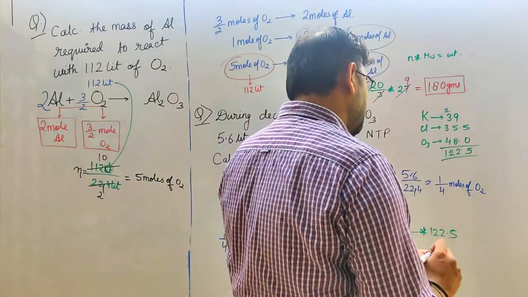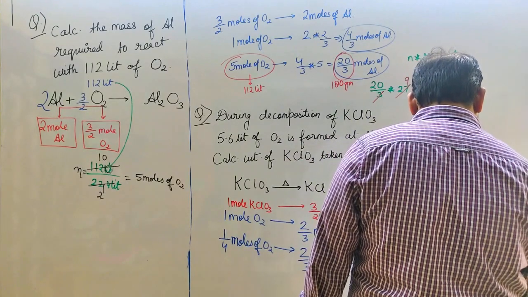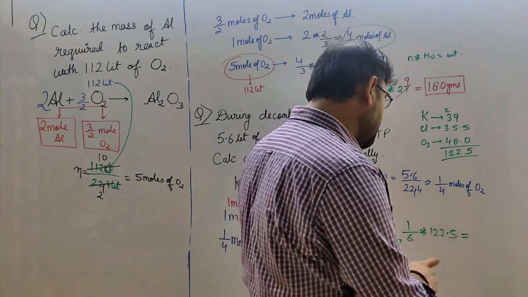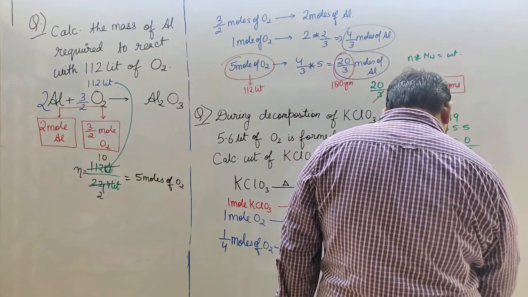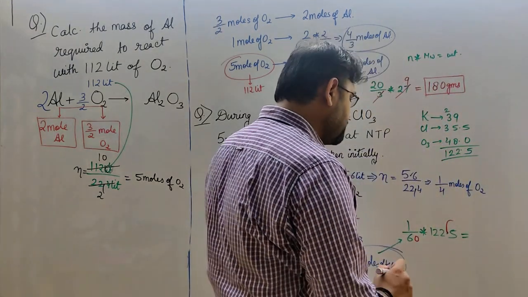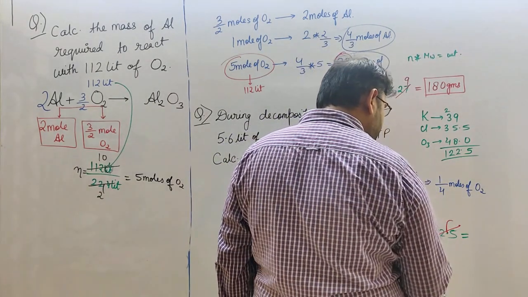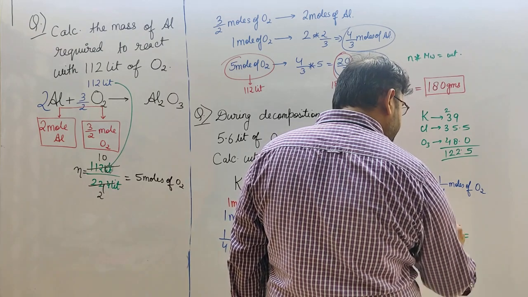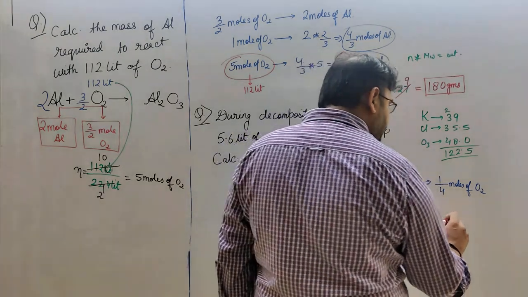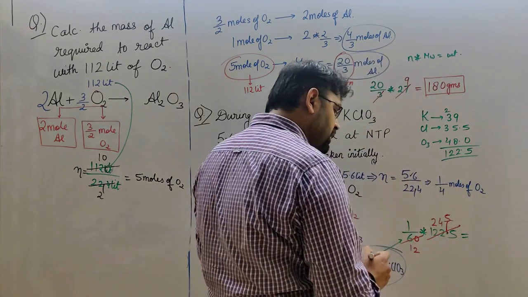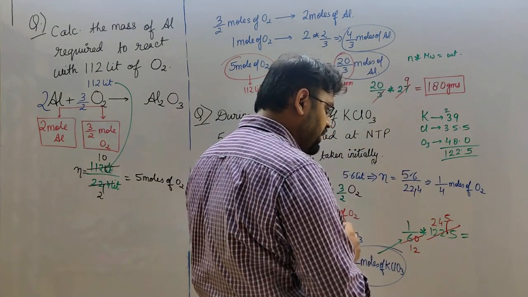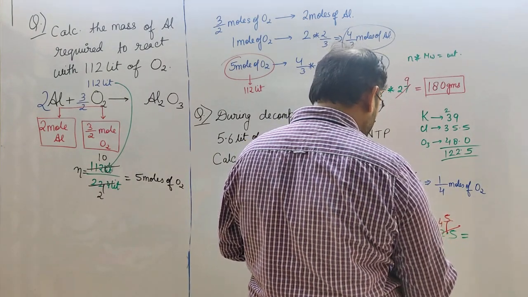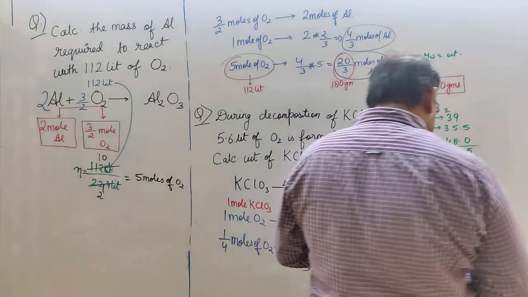Okay, now let's solve it. 1 by 6 into 122.5, let's solve this. Now cancel it by 5. 12 5s are 60, 5 2s are 10, 5 4s are 20, and again we are left with 5, so 245 by 12. Let's see if it is divisible by 3. No, it's not. Let's make a small adjustment.